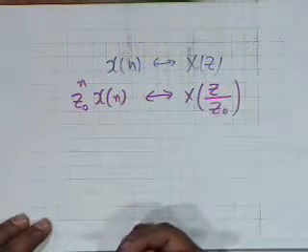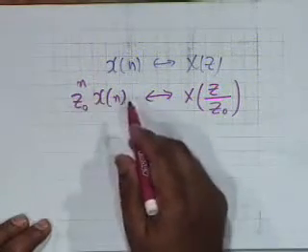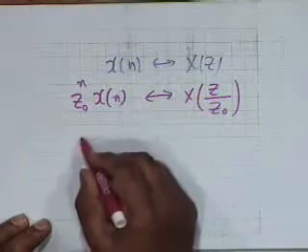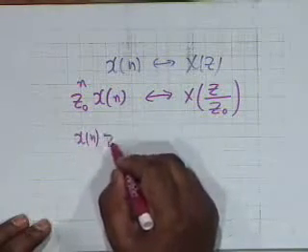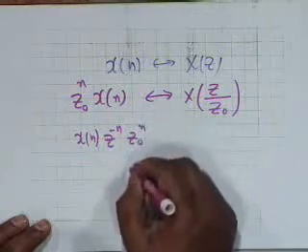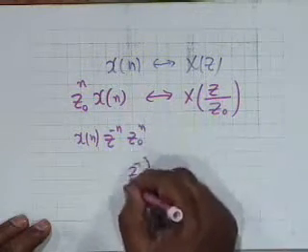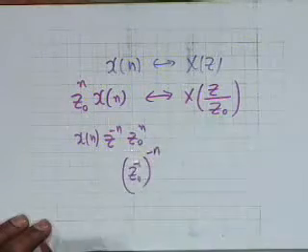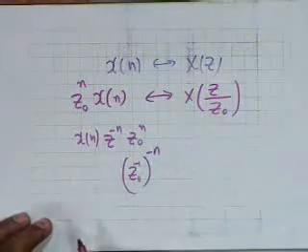It's very simple to prove this, because z0 to the power n comes, and x of n z to the minus n times z0 to the n can be written as z0 to the minus 1 whole to the minus n, and that's how divided by z0 comes.